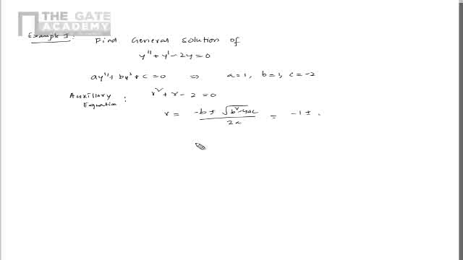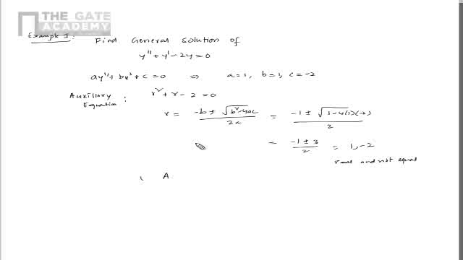So this will be minus 1 plus or minus square root of 1 minus 4 times 1 times minus 2, by 2. So this is minus 1 plus or minus 3 by 2, which is, if I add, I'll get 1 comma minus 2. So these roots are real and not equal.